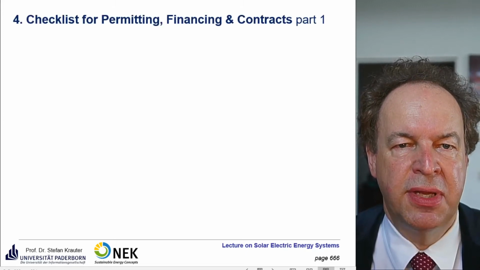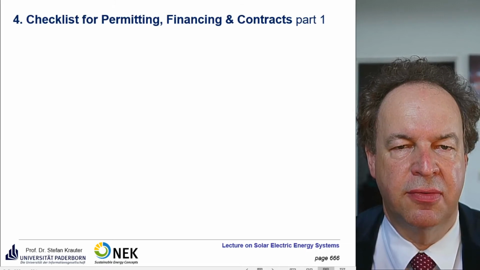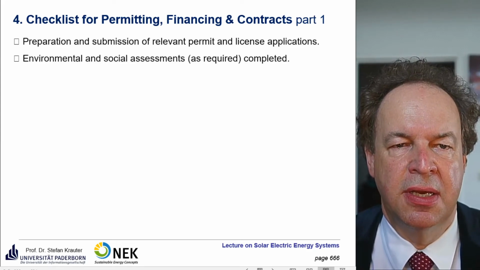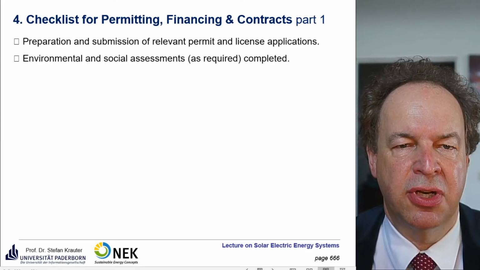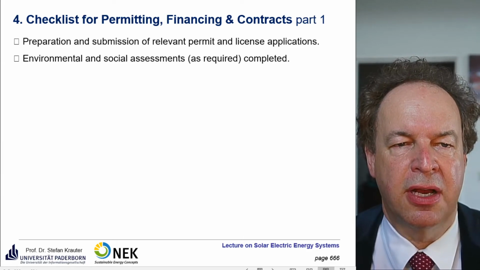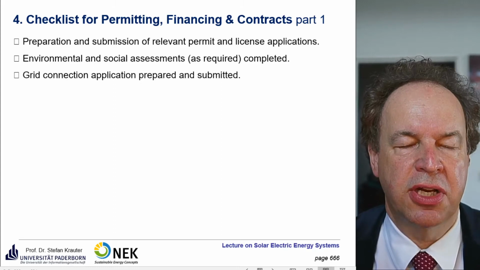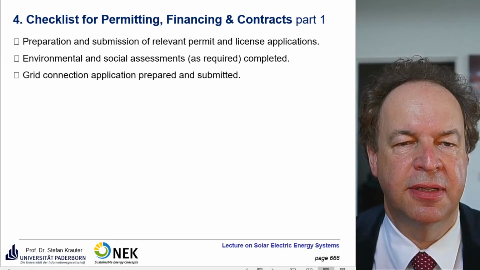And the checklist for permitting, financing contracts, first part, preparation and submission of relevant permit and licenses applications. The environmental and social assessments as required are completed. Grid connection application prepared and submitted.